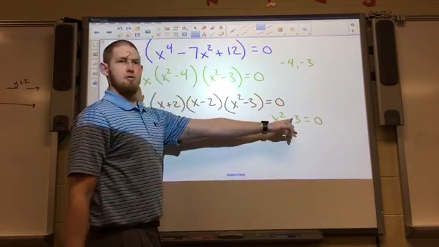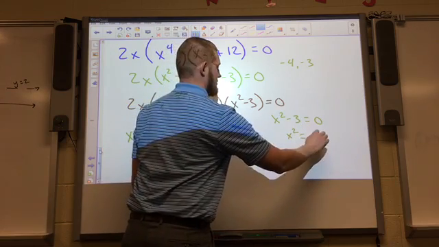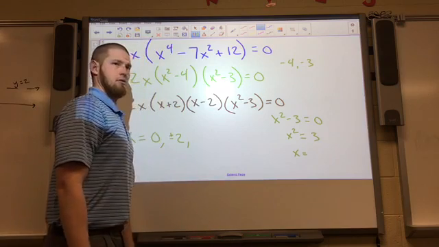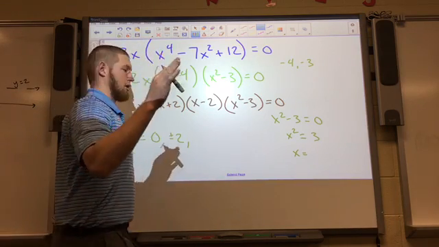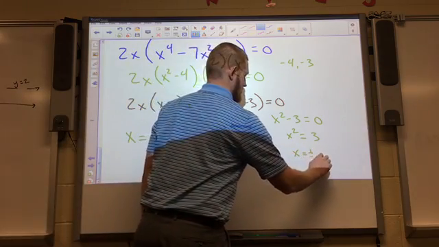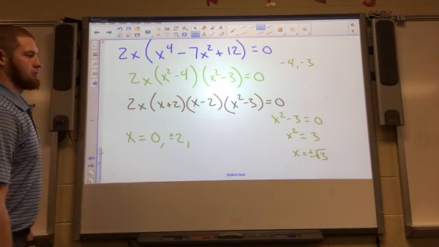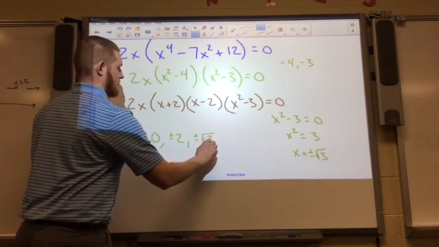To solve this, add 3, so x squared equals 3. Very close. Plus or minus square root of 3. So x also equals plus or minus square root of 3.